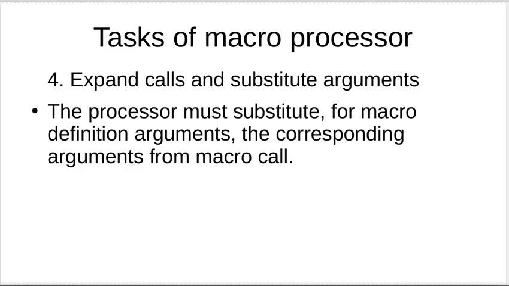It is the task of a macroprocessor to substitute for macro definition arguments the corresponding arguments from the macro call. We have already seen how we can use dummy arguments in a macro definition, and in place of these dummy arguments we can pass valid arguments during the macro call statement.